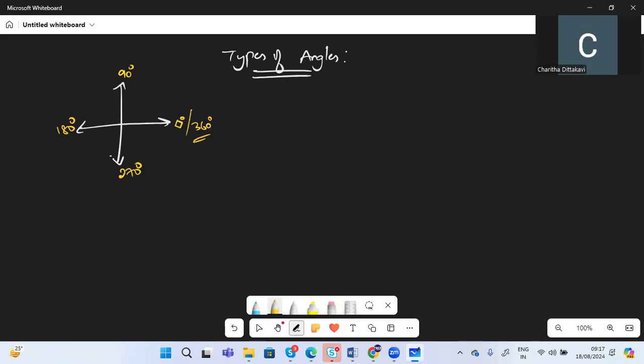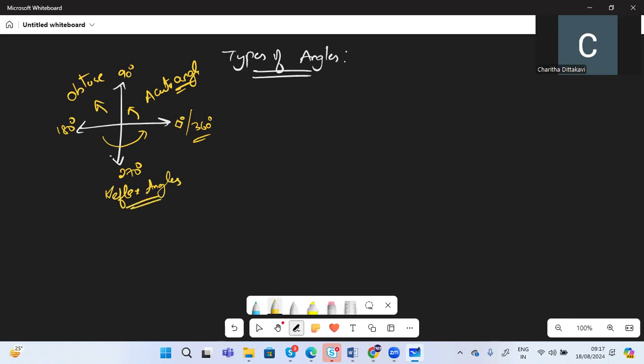Now any angle in between 0 and 90, we call acute angles. Any angle in between 90 and 180, we call obtuse. And anywhere from 180 till 360 degrees, we call reflex angles.